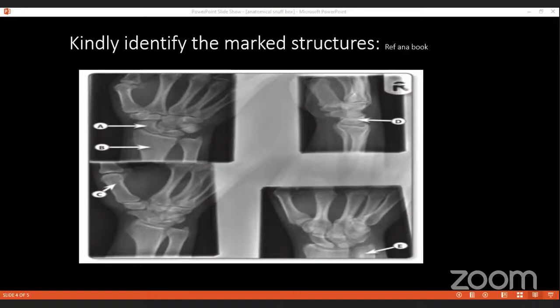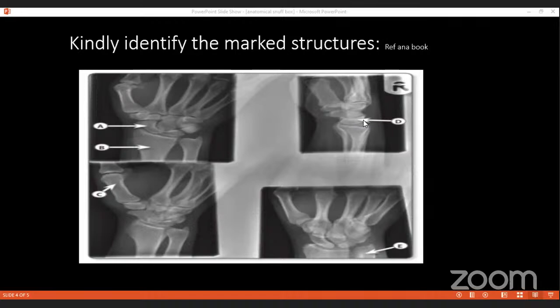Okay, can you tell me once again all the labels from A to E, please? A was the scaphoid bone, B was the distal radius. Okay, C please. Head of the first metacarpal. Okay. And this D. Scaphoid.